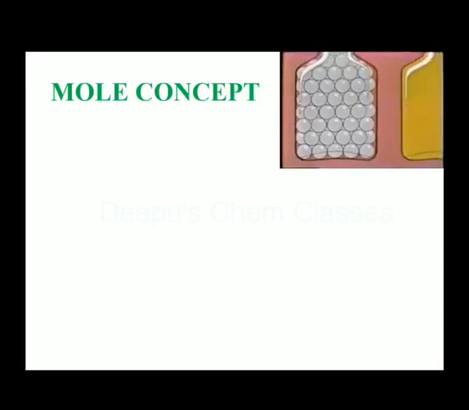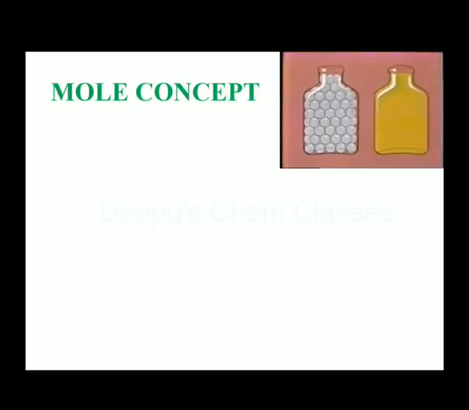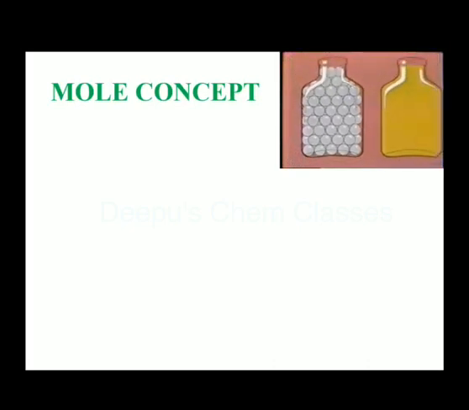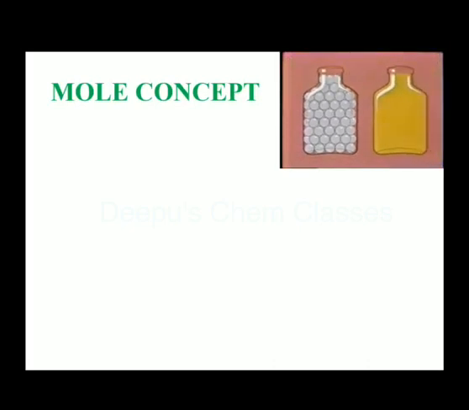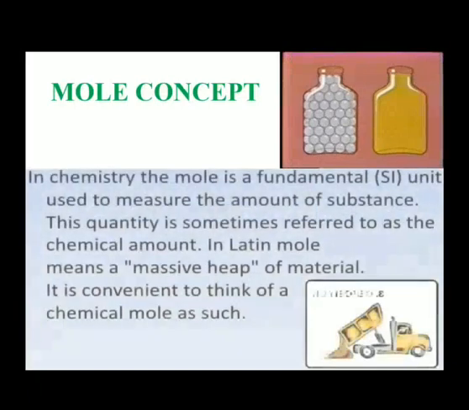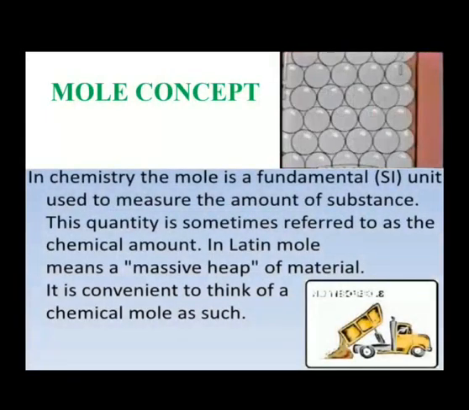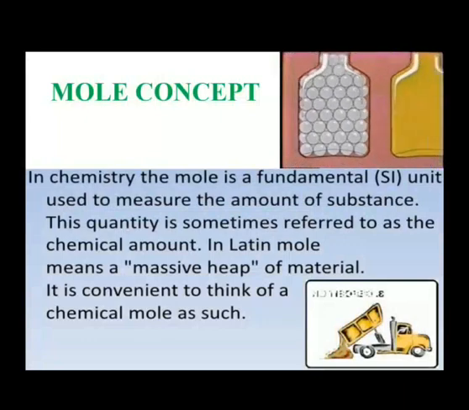Dozen means 12, square means 25, and bunch means a heap. Likewise, in order to quantify atoms and molecules in chemistry, we use the term mole. Mole is a term used to refer to chemical amount. In Latin, mole means massive heap.